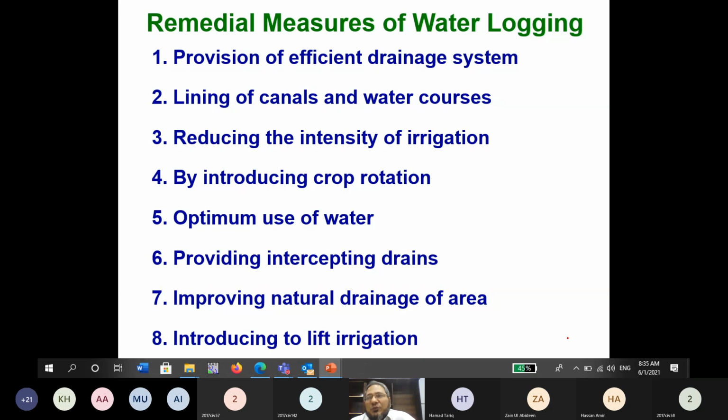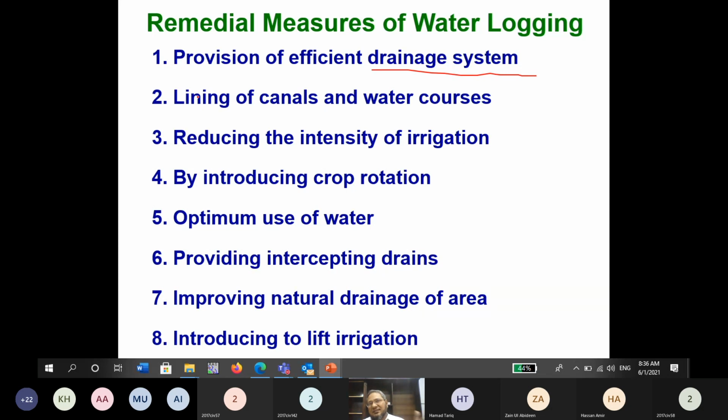Now, remedial measures of waterlogging. What can we do? Number one, provision of an efficient drainage system. When you are providing irrigation, you also provide a drainage system. The second is lining of canals and water courses.